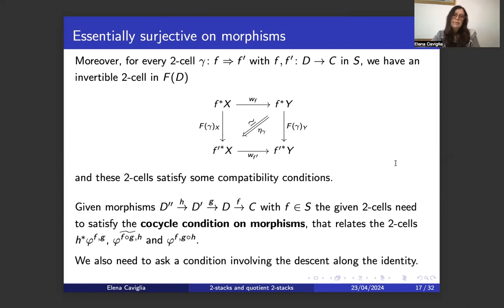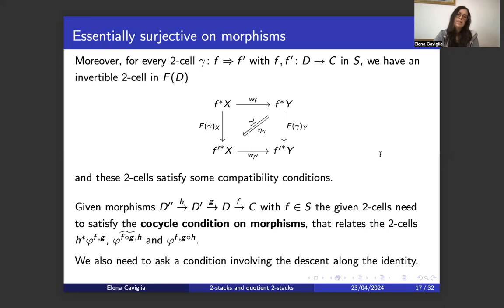And so what we get is that the essential surjectivity on morphisms gives the condition that every descent datum of morphisms is effective. And this is again something that we might expect to find, because for a stack, for objects, the condition is every descent datum is effective. And when we go one dimension higher, this same condition shifts to morphisms.